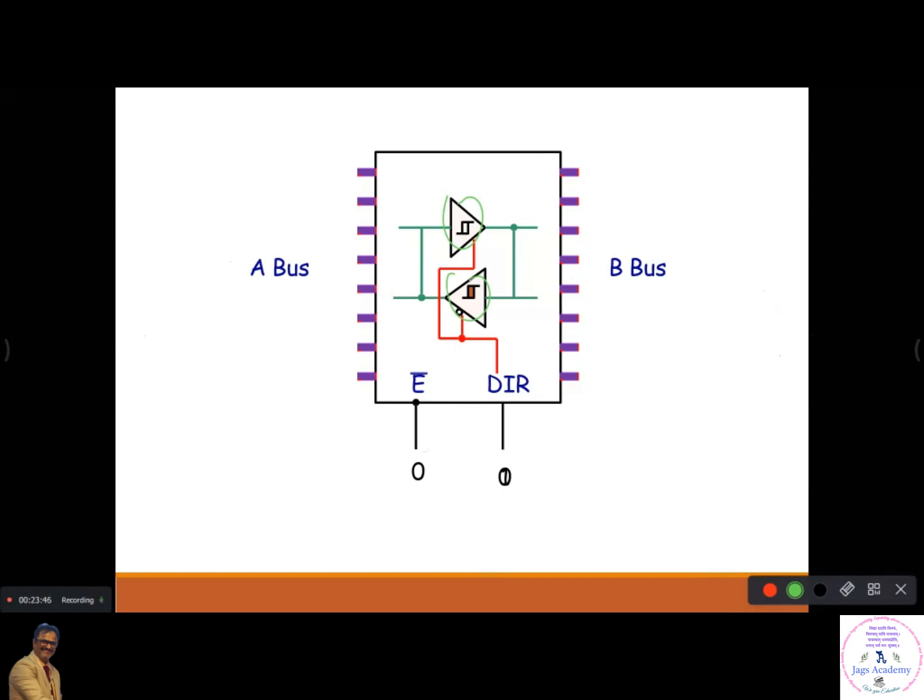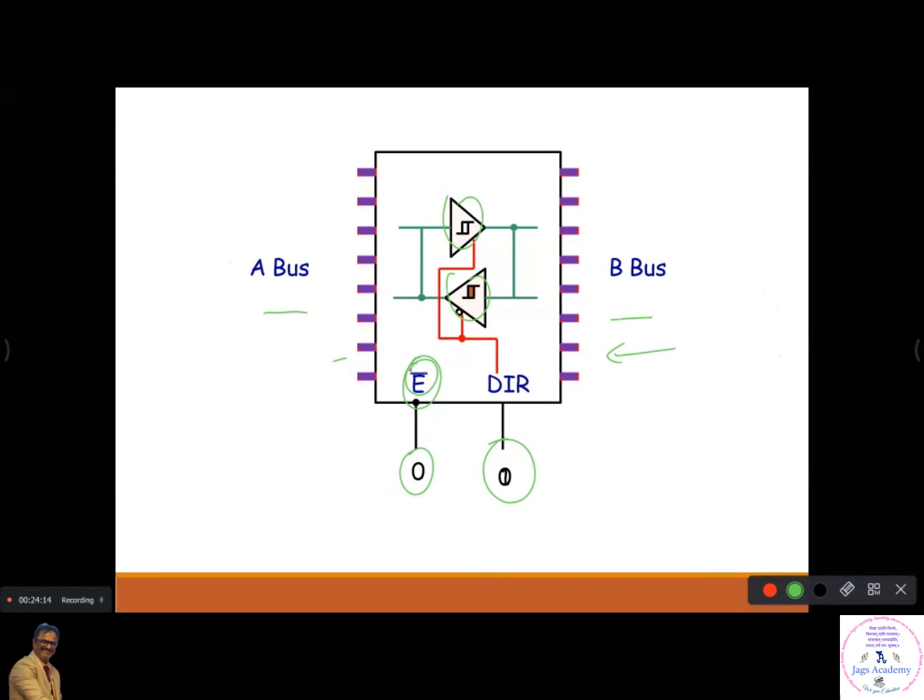Whenever you enable this chip, depending on the direction you give, either data can go from A to B, or data can go from B to A. For example, if you give 0 to the enable pin, this is E bar, it means that whenever you give 0 to that, it will be enabled.